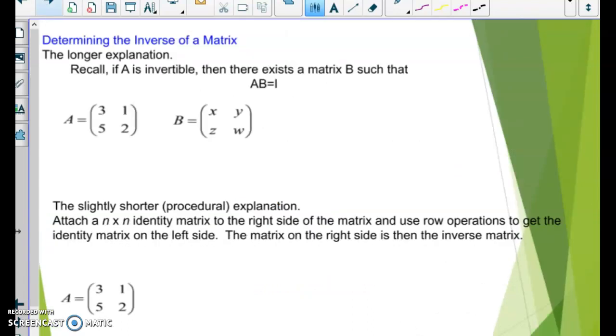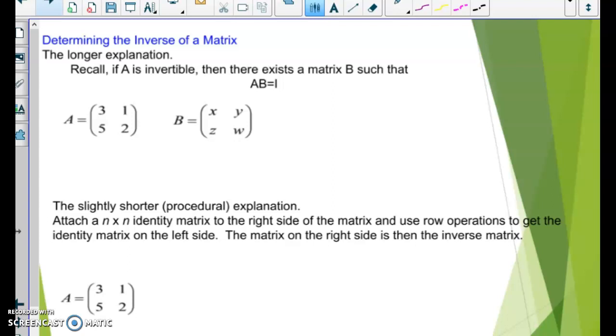So the first method that we're going to use for finding this inverse is we're going to say, hey, we know that if we multiply A times B, we're going to get the identity.